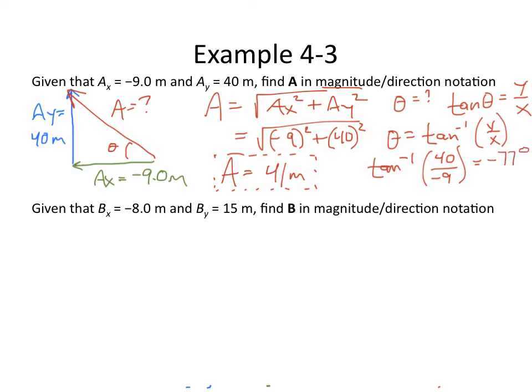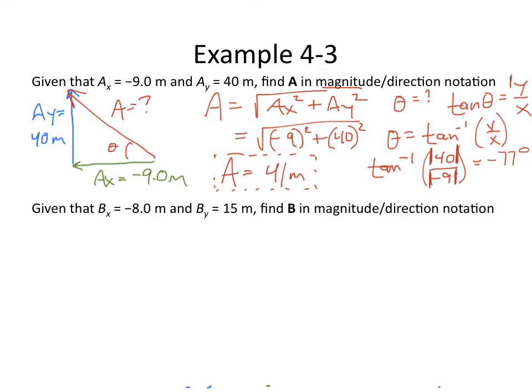Okay, so you might find that you get an answer that says negative 77 degrees. Now what's that negative mean? Well, that means negative 77 degrees in the negative x-axis, so it would be above the negative x-axis. But so we don't get these negative values, what we want to do in the future is, when we take the inverse tangent, take the absolute value of each of x and y, just like it's mentioned in our notes.